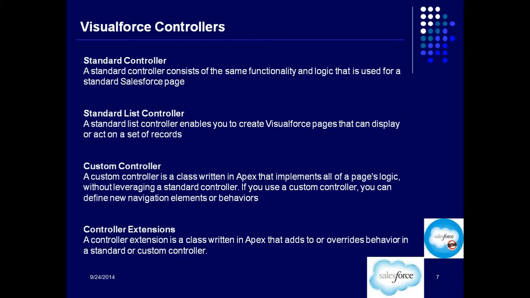So for example, you already have a controller of the page and you want to extend some functionalities of the page. Then you can use a controller extension as an add-on controller, right? So it does not act as a primary controller. You need to have a primary controller, either a standard one or a custom one.